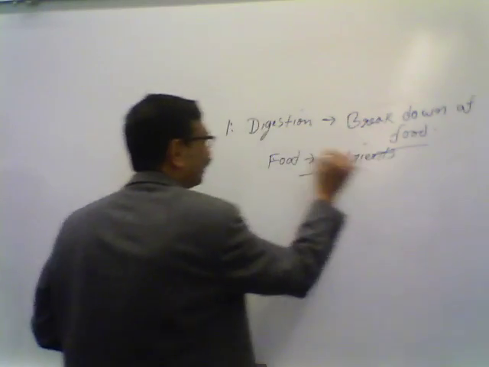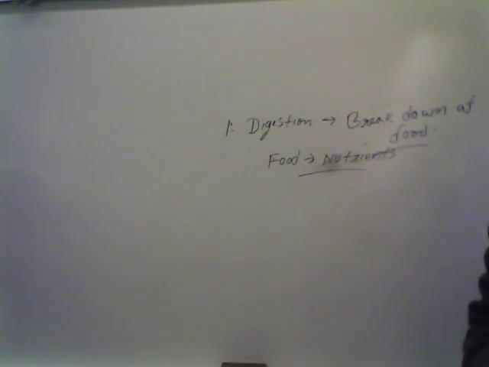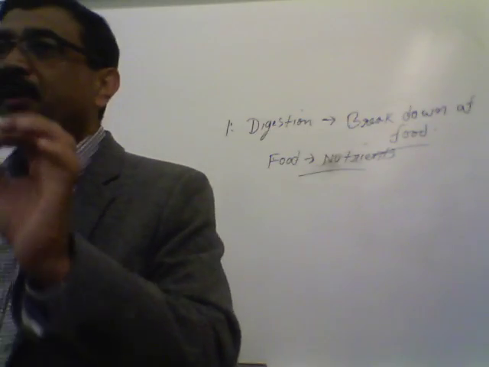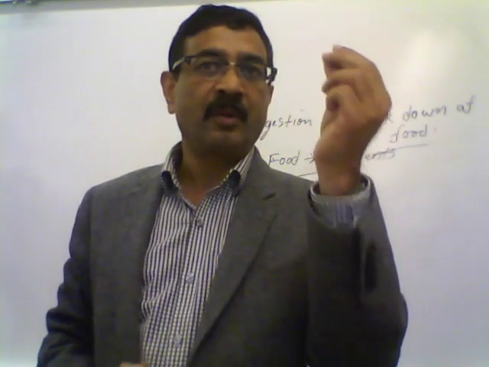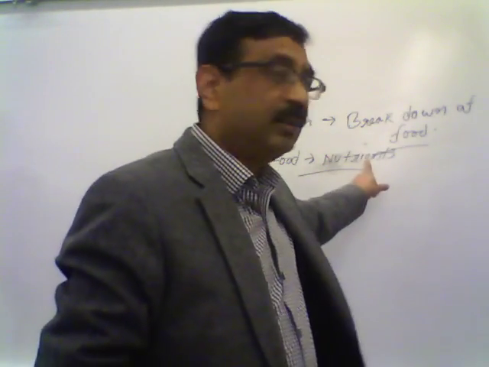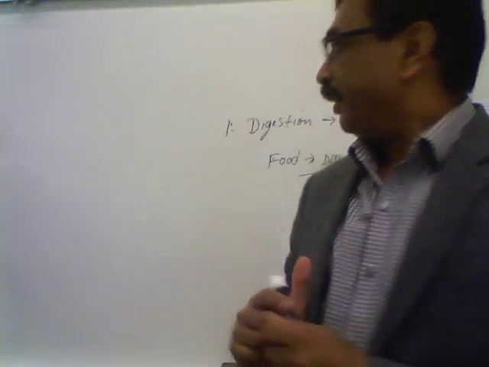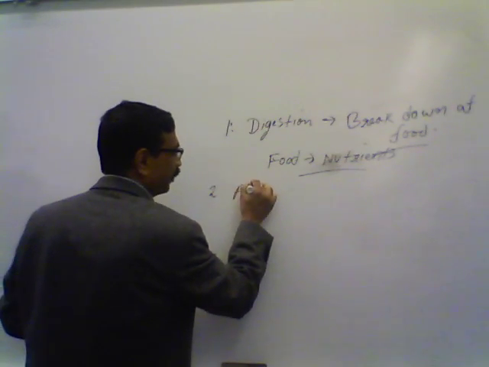Okay, nutrients. That is the purpose of digestion. Converts the large food into fine molecules of food, right? And those fine molecules are called what? Nutrients. Make sense? Then next function of the digestive system is absorption.